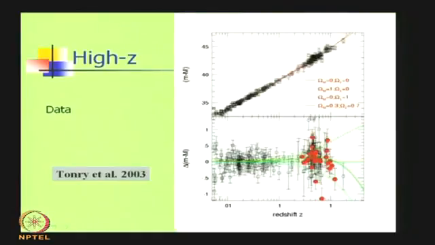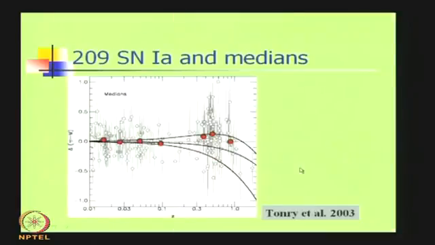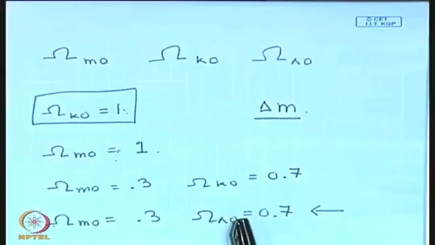Okay, but if you bin these data, you can look at the median data. So here the data has been binned and one has now taken the median value of the distance modulus. It is quite clear that the observation favors a model which has omega matter 0.3 and omega lambda 0.7.